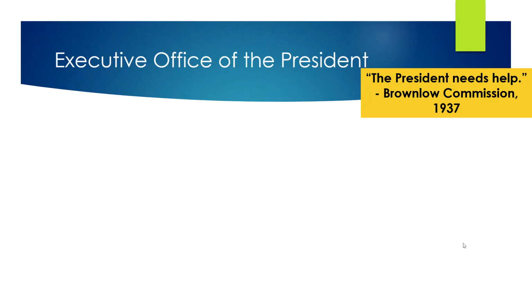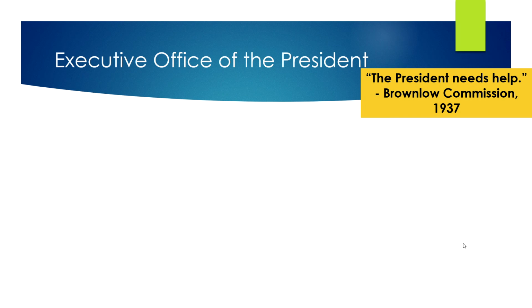Moving into the second of the institutional supports that we saw a couple slides back is the Executive Office of the President. In 1937, right, again, this is Franklin Roosevelt time, Roosevelt was realizing that he was struggling to accomplish all of the things that he had sort of set himself out to do under the current arrangement of the executive office. And so he formed a group known as the Brownlow Commission.